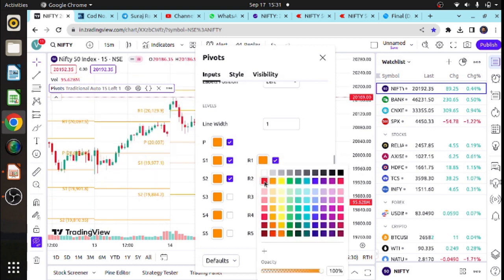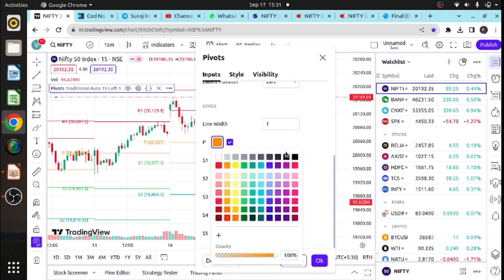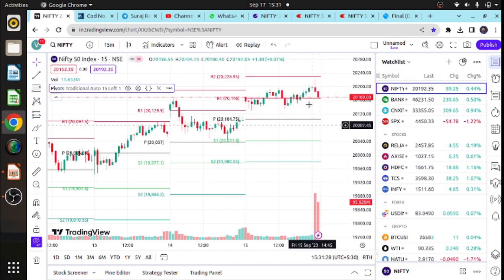We'll mark the resistance as a red line and support as a green line. This is just a visual representation so that we can understand without looking at the actual value, and pivot point as black. So now we have pivot points, resistance and support marked.